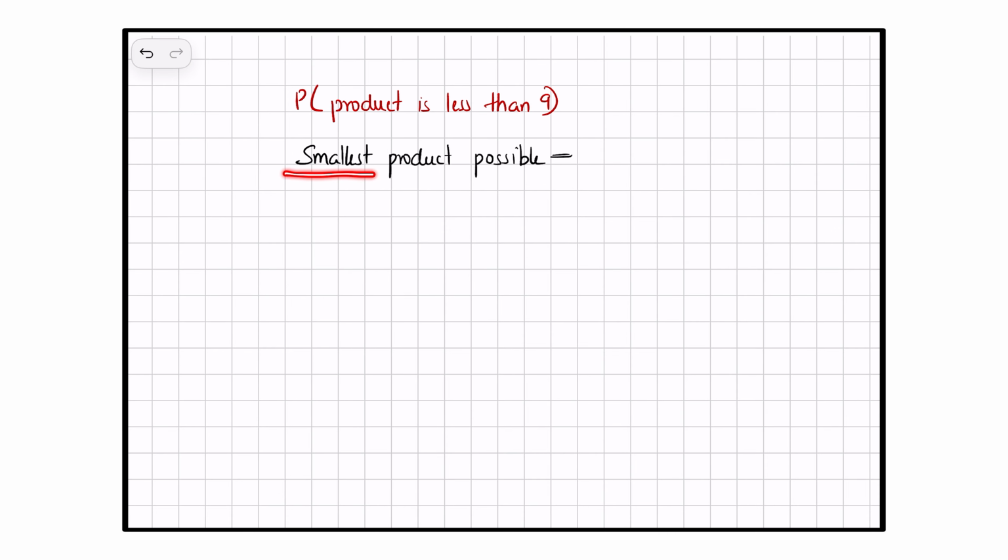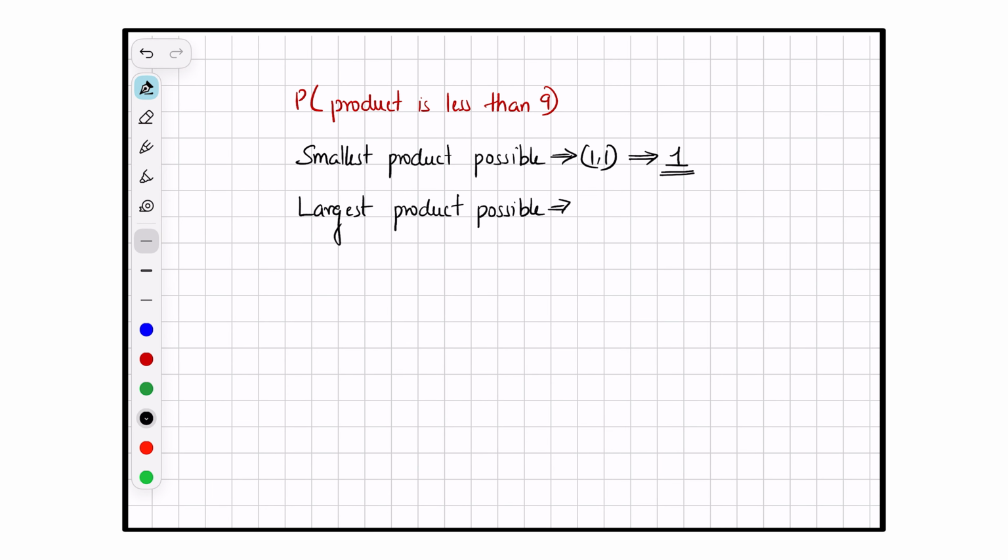The smallest product possible is for 1 comma 1, then we will get 1 as the product. The largest product possible is for 6 comma 6, and then we will get 36.